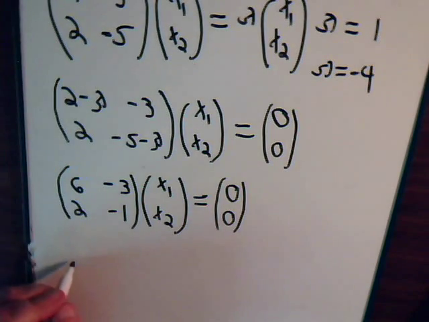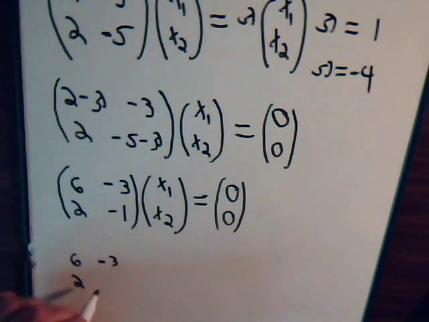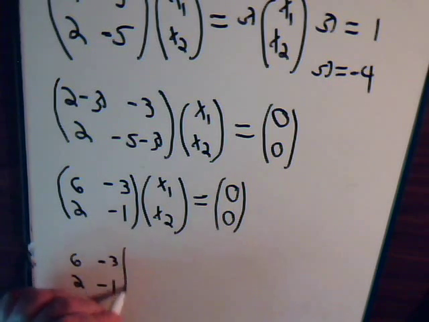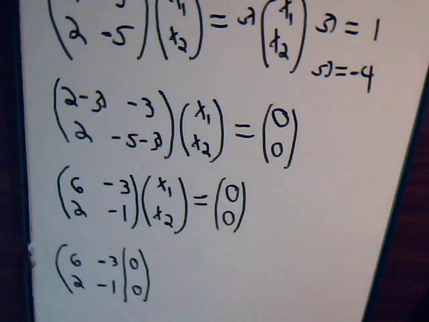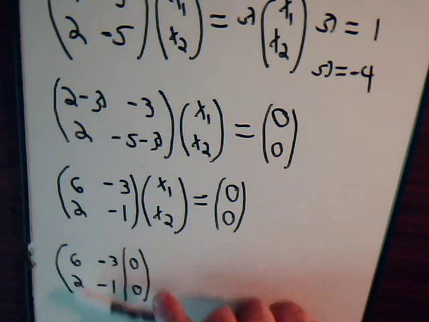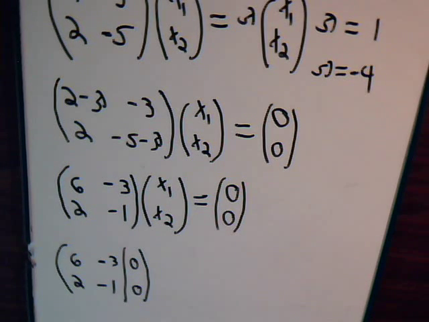So we will have 6, 2, minus 3, minus 1, like this. And again, this column here would be the coefficients of x1 if we had this written out as two separate equations.